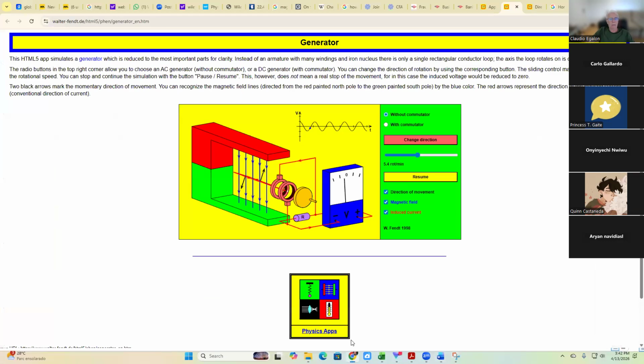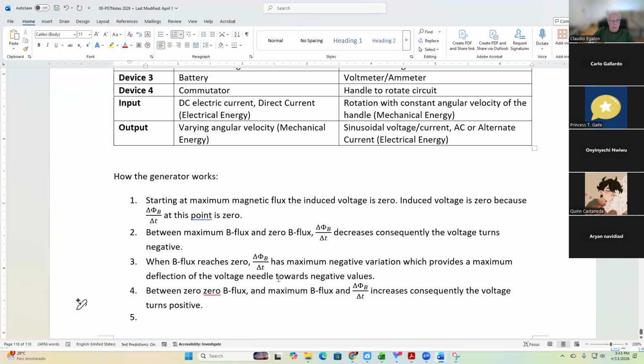Going back here. Now, when we reach this point, we have maximum magnetic flux.